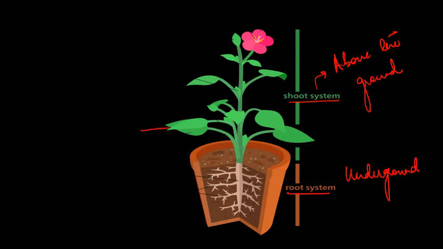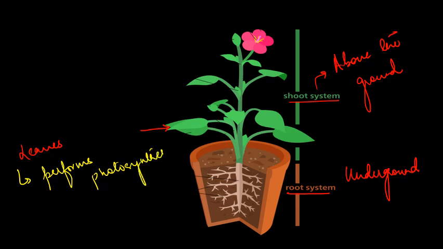Now if you see the shoot system, it has different parts. This green one, we call it leaves. Now what is the function of the leaf? It performs photosynthesis. Photosynthesis is a combination of two words, photo plus synthesis. Photo means light, or photon.